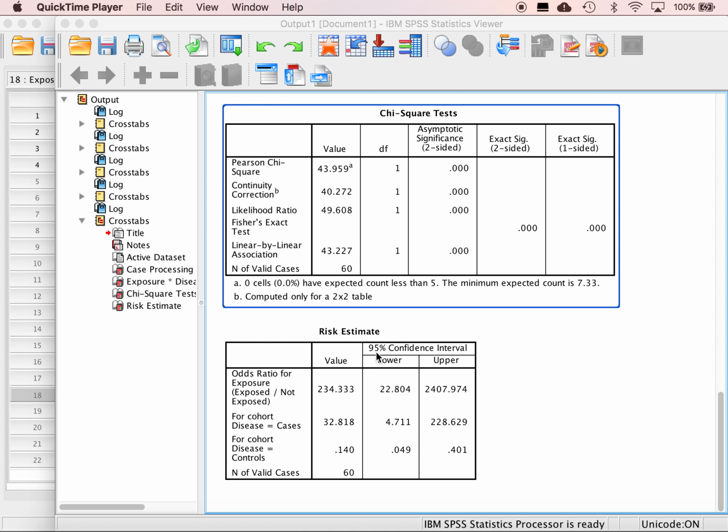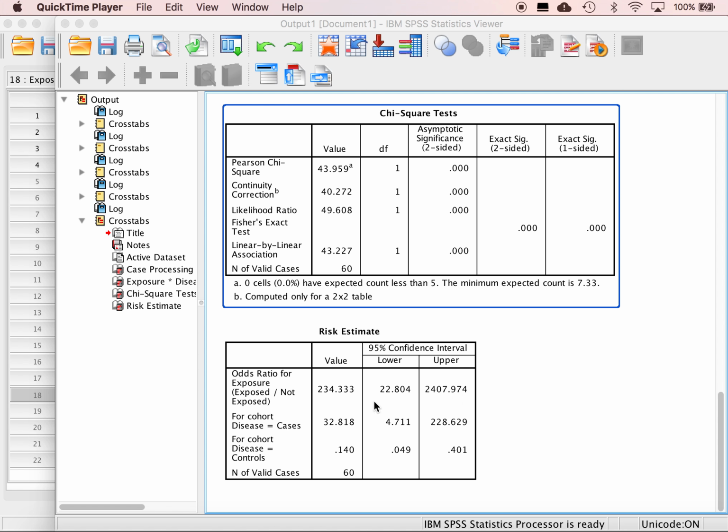In other words, 1 is not contained in that range. And so based on saying it all those different possible ways, we can conclude that we would reject the null hypothesis.